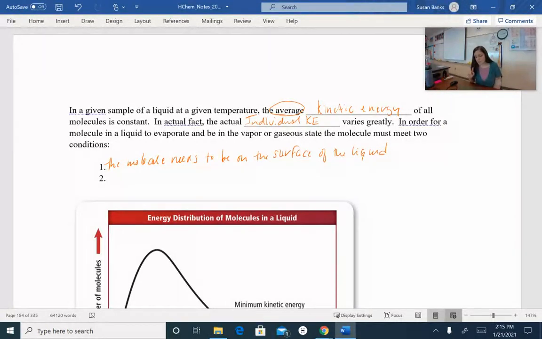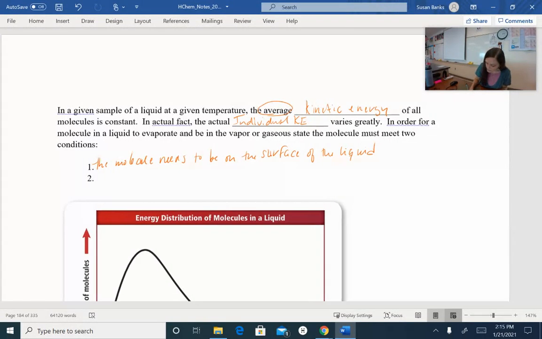And the second thing the molecule has to have is enough kinetic energy to break the intermolecular forces of the neighboring molecules so that it can become free to become a gas.